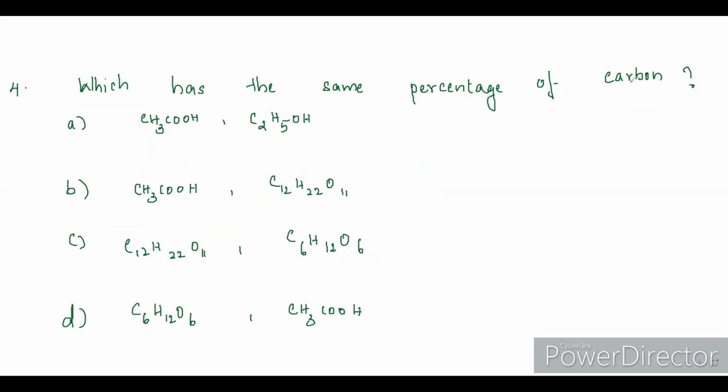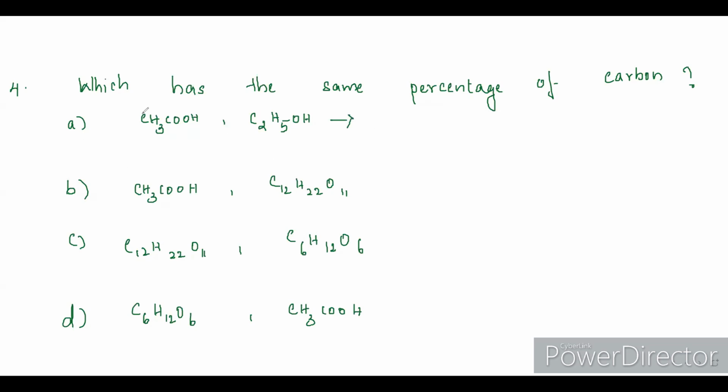Which has the same percentage of carbon? Looks like a little lengthy calculation, but we can still solve it easily because we are not sitting and calculating the percentage accurately. So, which has the same percentage of carbon? In the first case, that is A, acetic acid.